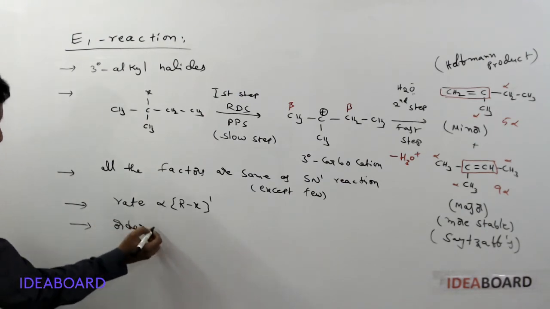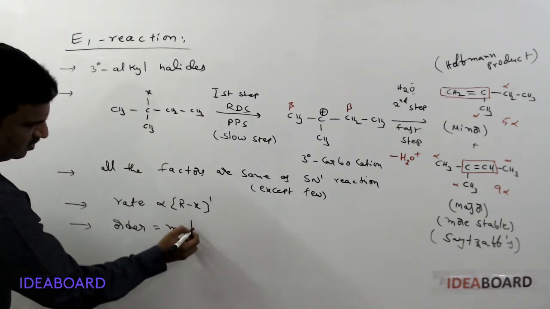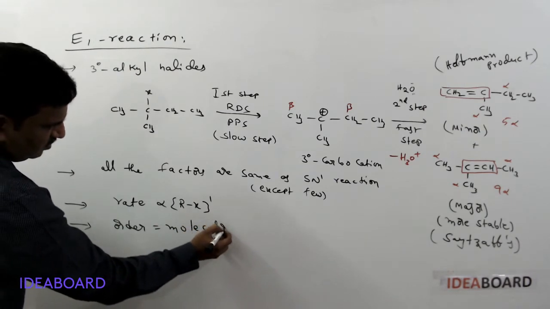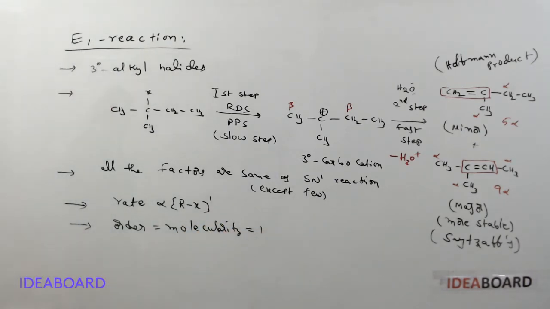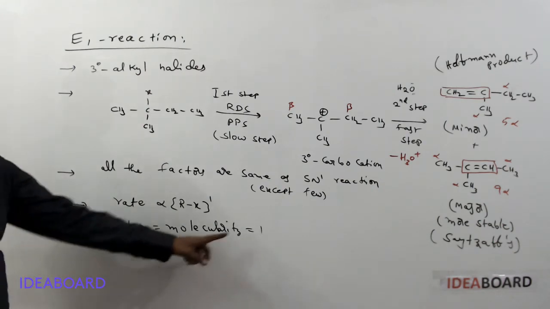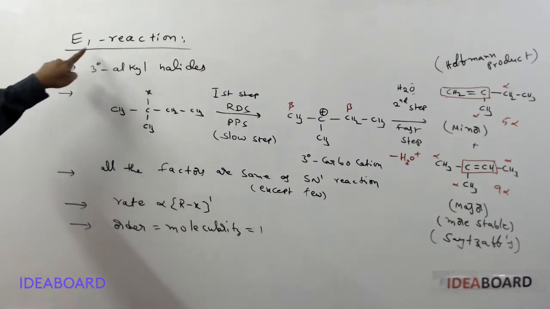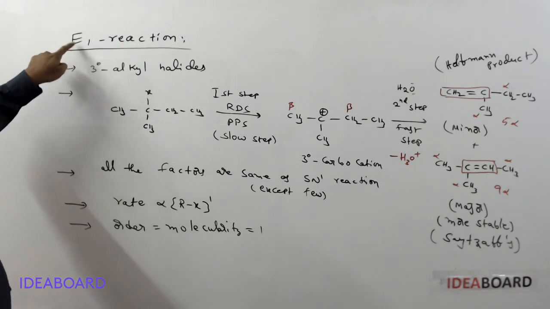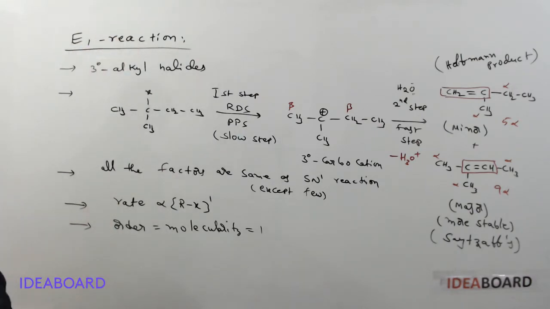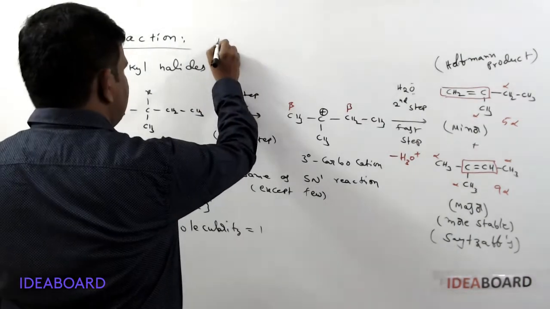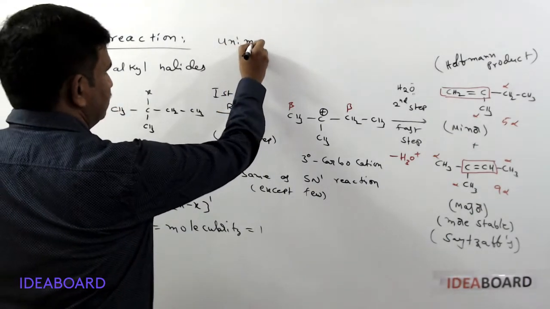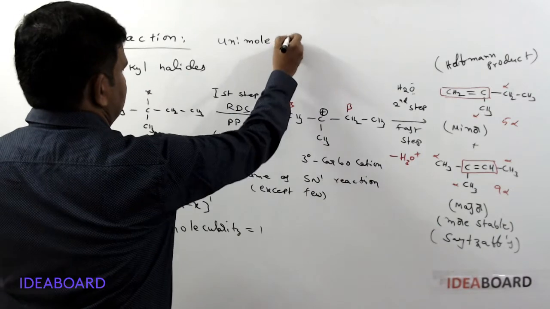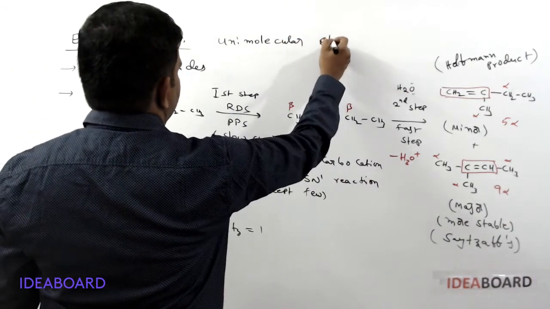Order and molecularity are 1. Whenever molecularity and order are 1, this is called a unimolecular elimination reaction. We call it unimolecular because order and molecularity are 1.